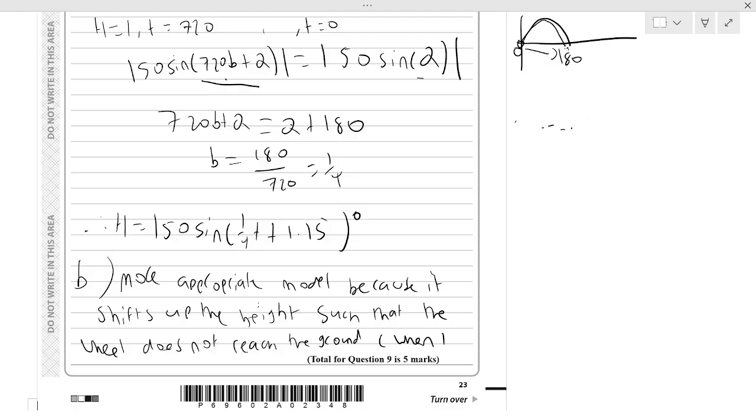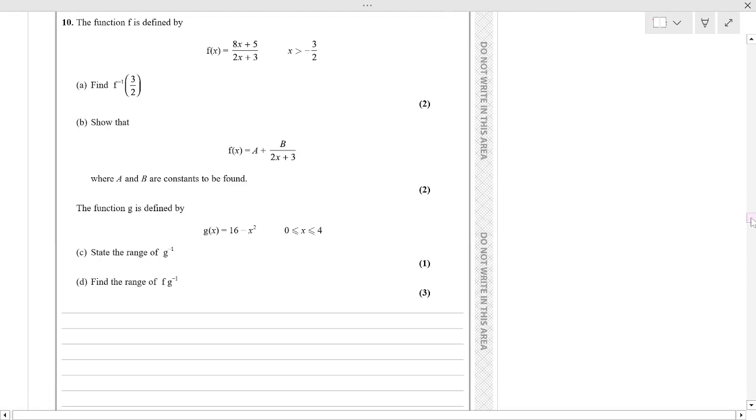So when h is 0, that's essentially what you've got to get out, is that it won't scrape or hit the ground anymore, which is not what you want a Ferris wheel to do. You want it to just be above ground level. Anyway, so that's that question.